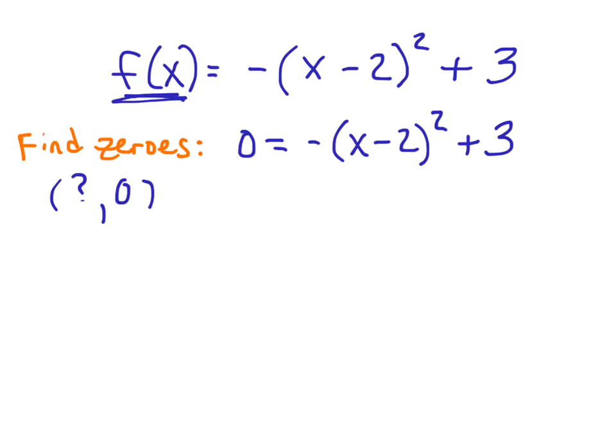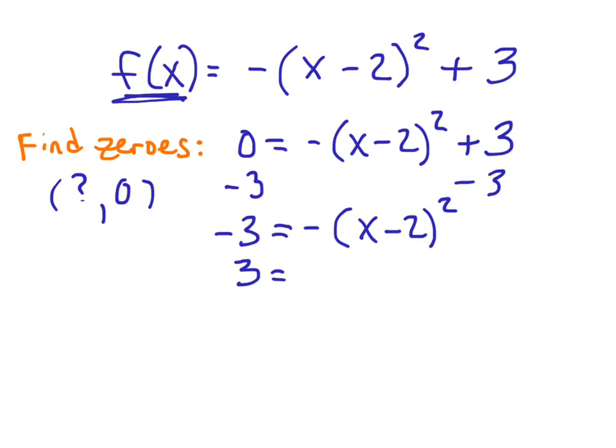And then to find the zeros, I just need to solve for x. So it looks like I'm going to do this using square roots. So I'll subtract 3, get negative 3 equals negative the quantity x minus 2 squared. Then to get rid of that negative, I'll divide both sides by negative 1. So I'll get 3 equals x minus 2, the quantity squared. And then I will square root both sides to undo the square.